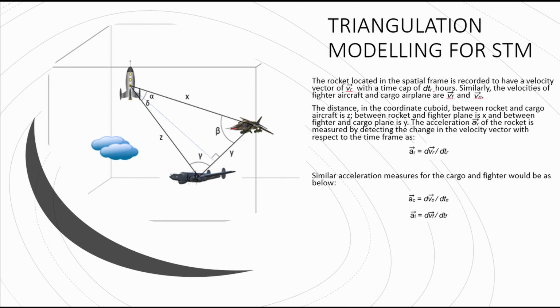Now the acceleration for all the three vehicles is evaluated as given. Now I would not be explaining much about this because of the limited time. Now let's move to the next slide.